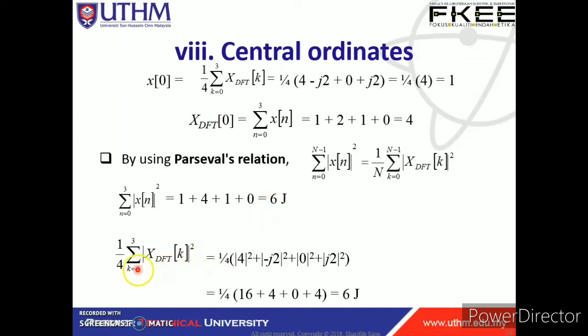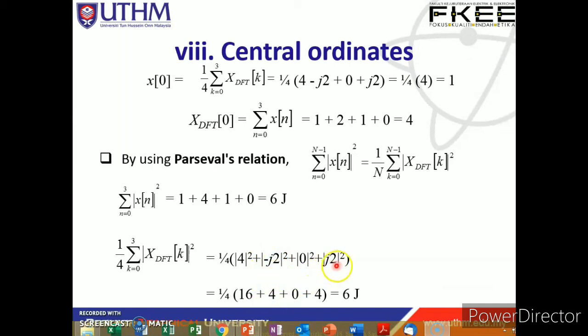Then for the X_DFT[k], this is the equation in the table of properties. Our X_DFT[k] gives 4 to the power of 2 plus (negative j2) to the power of 2 plus 0 plus (j2) to the power of 2, and divide by 4. Negative j times negative j is negative 1, and 2 times 2 is 4. This is a modulus, so the answer will be 4.